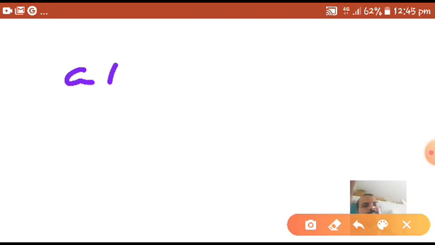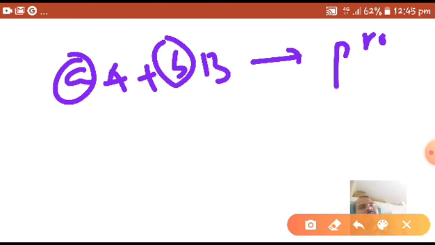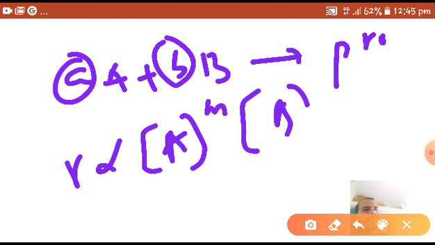What I have tried to say is, A plus B gives rise to products. Here, [A] and [B] are molar concentrations of A and B, but the rate is directly proportional to [A] to the power of m and [B] to the power of n.